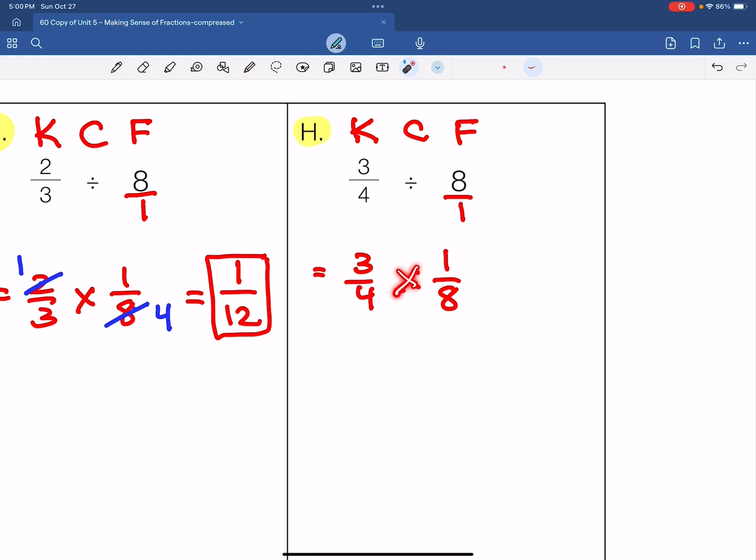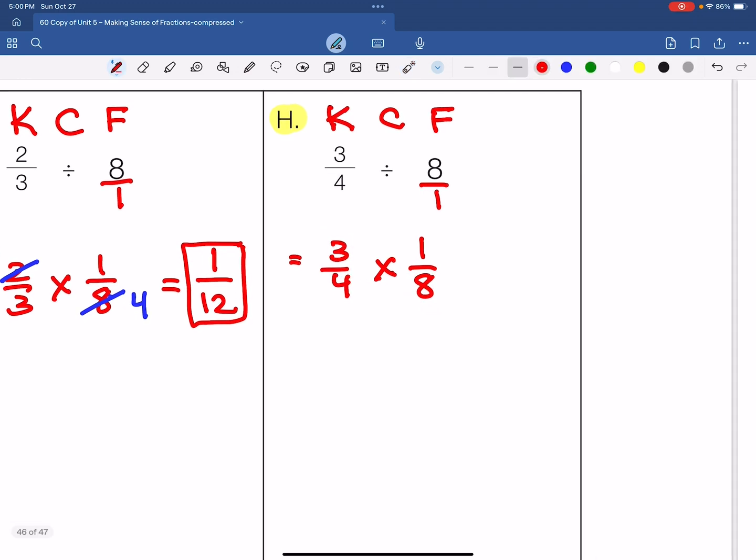And now we have a multiplication problem, which is easier than division. So let's simplify first. 3 and 4 will not simplify. 1 and 8 will not simplify. Let's check diagonals. 1 and 4 will not simplify. And then 3 and 8 also will not simplify. The best you can do is divide by 1, which gives you the same thing. So there's nothing to simplify.